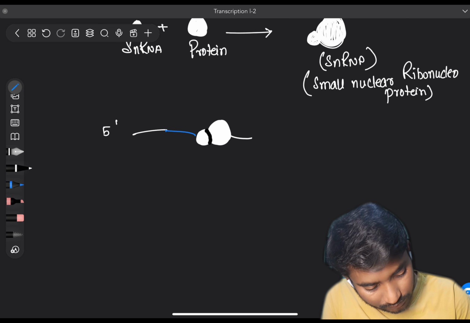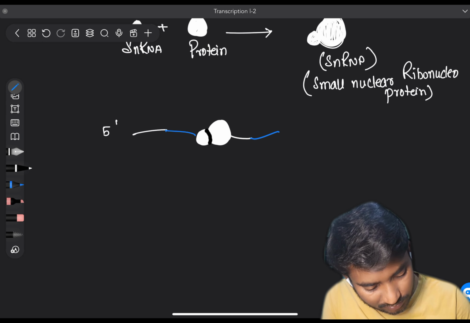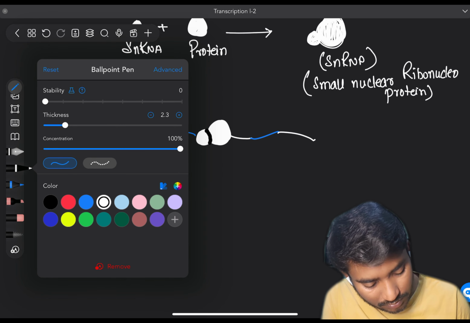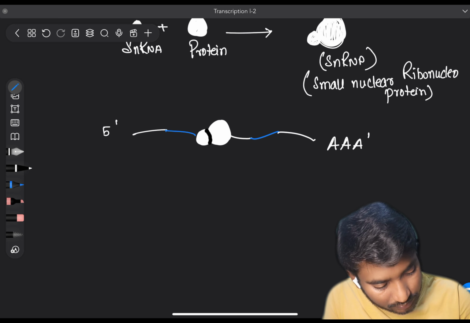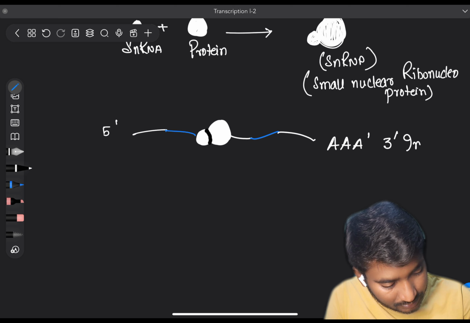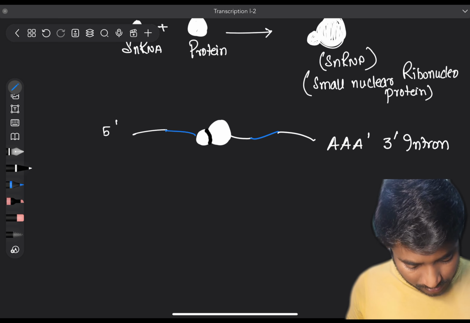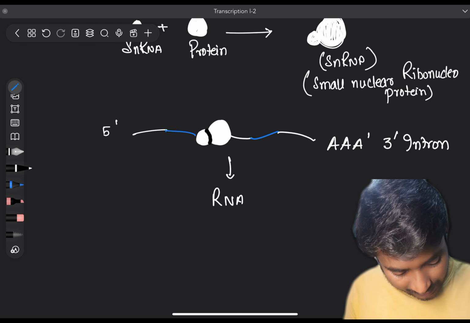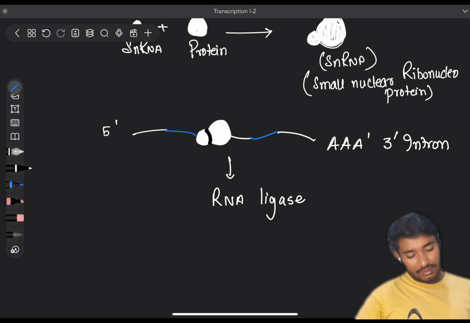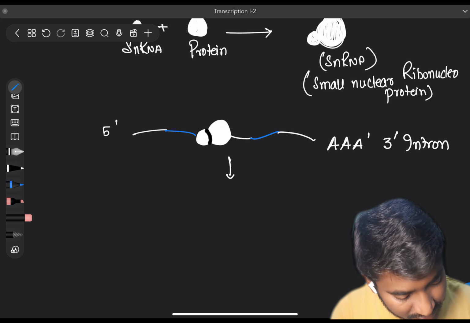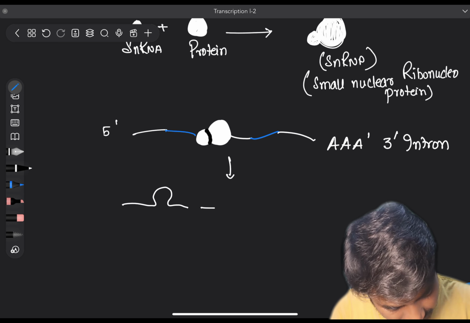Now small nuclear ribonucleoprotein, AAA, that is adenine, at the 3' end contains the intron, the non-coding part. Now, with the help of RNA ligase, they will join. First it will break into fragments.